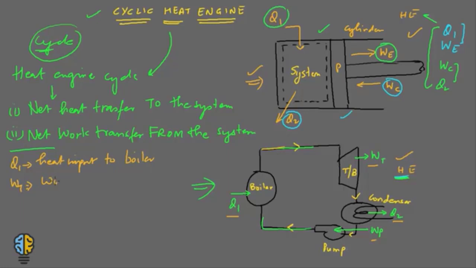This is the work output from the turbine. And then you have Q2, which is the heat rejection from the condenser.